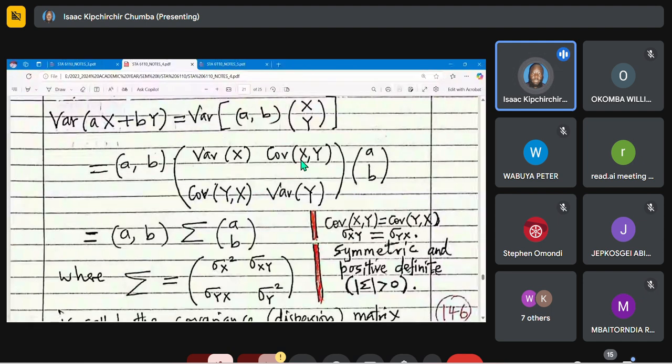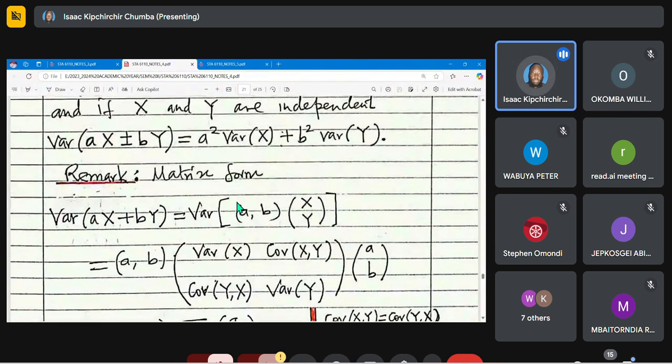This is cov xy and this is cov yx, but the two are equal. Covariance of x and y is just the same as covariance of y and x, meaning we are dealing with a symmetric matrix. Symmetric in the sense that you can reflect it along the leading diagonal, so the upper triangular and lower triangular parts are just the same.